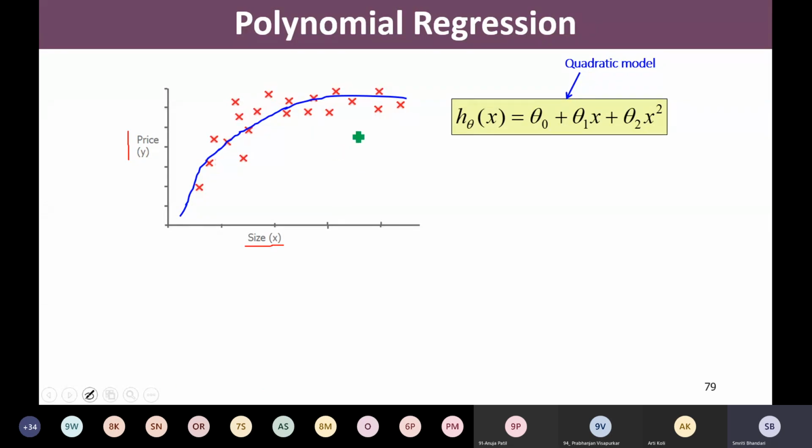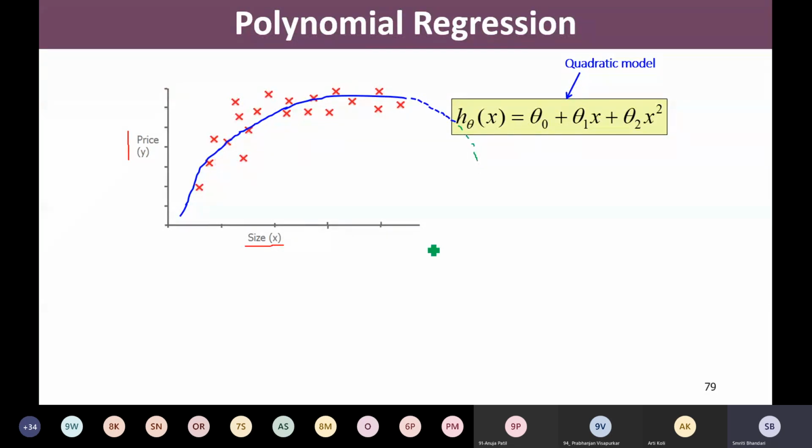Because what is happening over here is, right. But now once again, if I think of this quadratic model, this quadratic function may decline now. After some point, it may decline like this. So it may go down because it is a quadratic model, right?